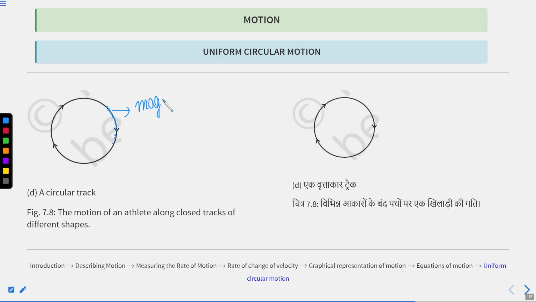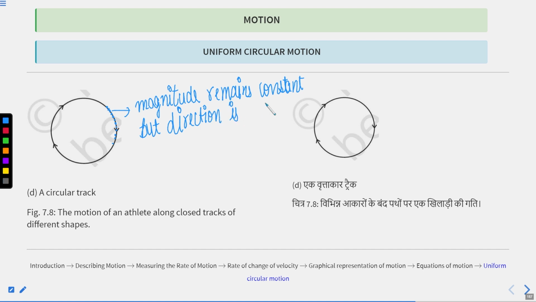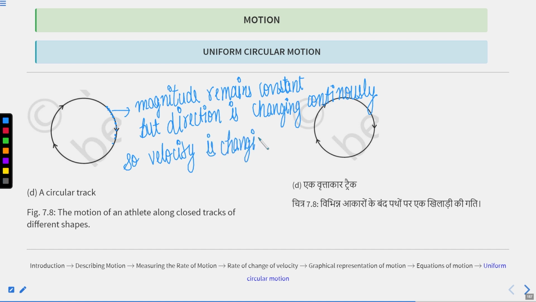Magnitude remains constant, but direction is changing continuously, so velocity is changing continuously.